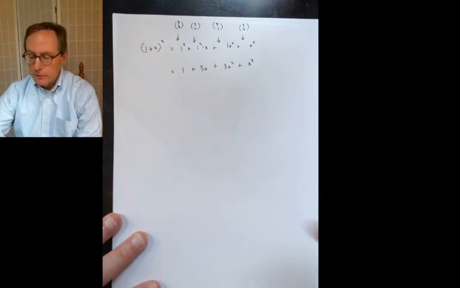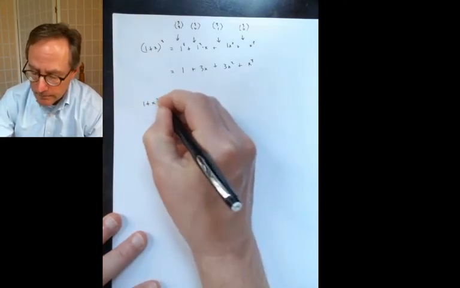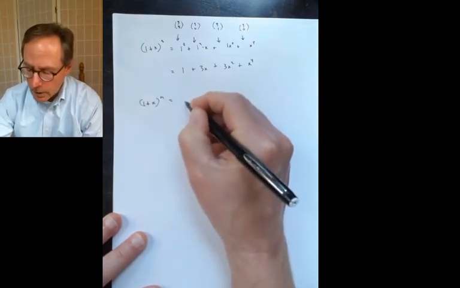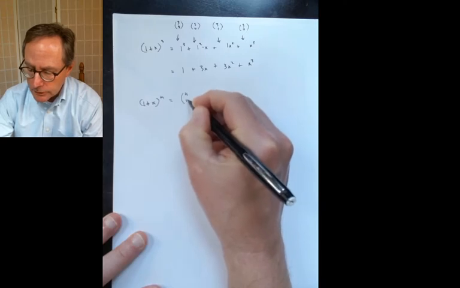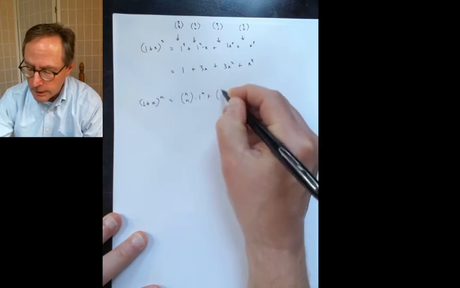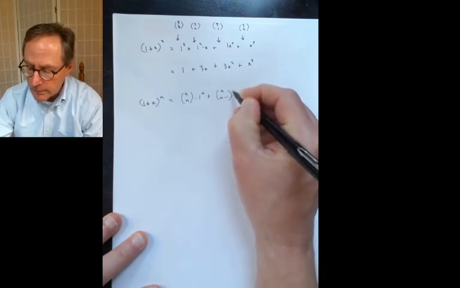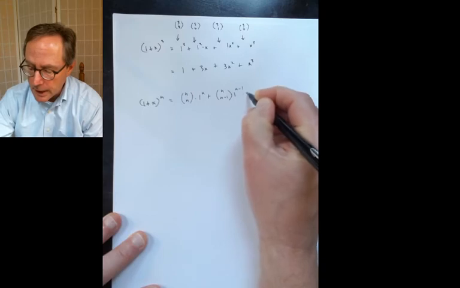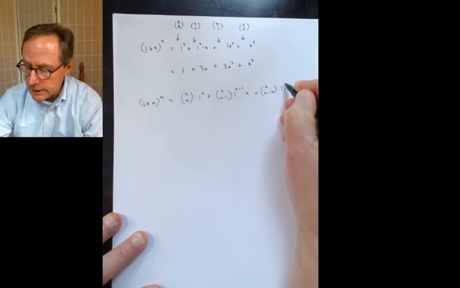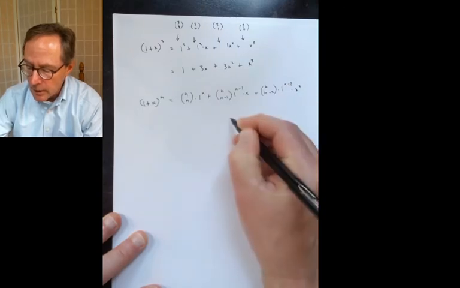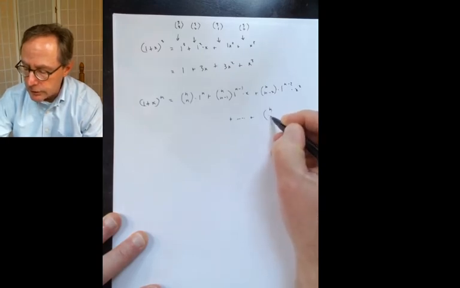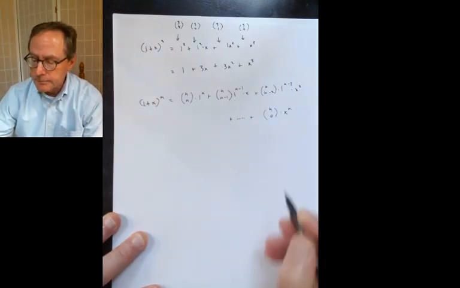Okay. In general, if we're looking at 1 plus x to the n, then we're looking at n choose n, and again that's the number 1, times 1 to the n, plus n choose n minus 1 times 1 to the n minus 1 times x, plus n choose n minus 2 times 1 to the n minus 2 times x squared, plus all the way down to n choose 0 times x to the n.